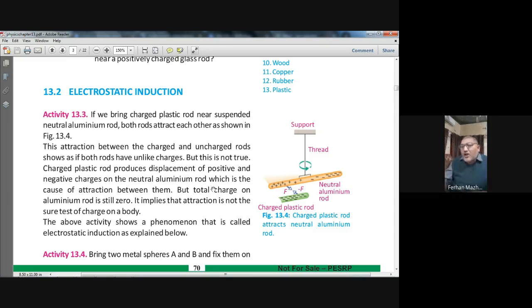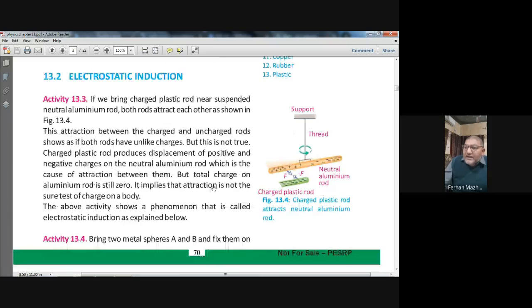So, here on your screen, you can see we have another activity. He says we have taken a plastic rod, and you see, if you charge a plastic rod and you bring it near a metal rod which is neutral, now it's a totally different story.